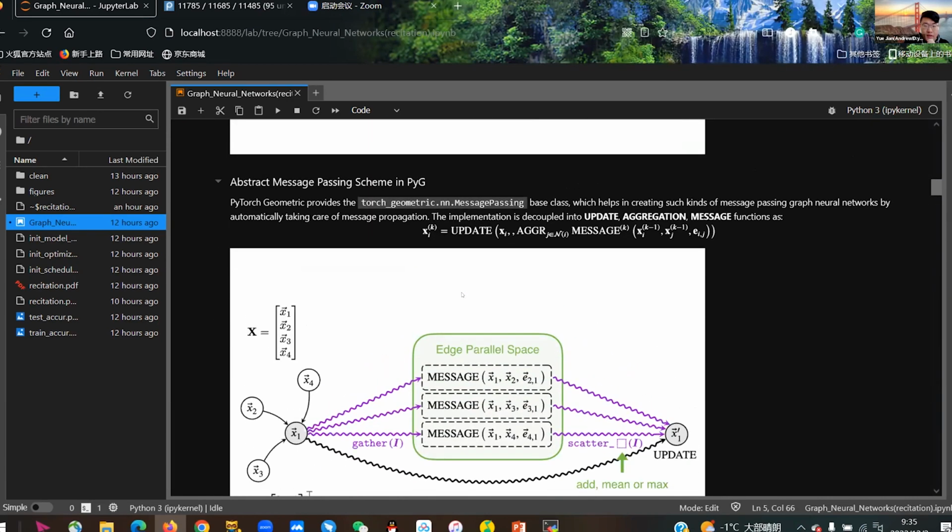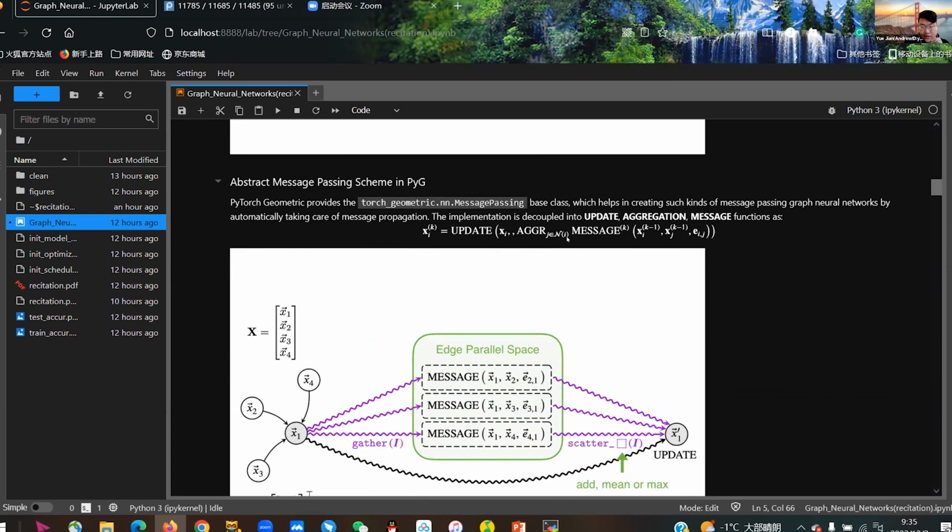And PyTorch Geometric has an abstract class called MessagePassing. This MessagePassing is kind of similar to the nn.Module in PyTorch. So you can use the MessagePassing class to define your own message passing equations.